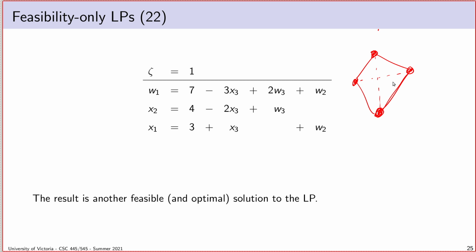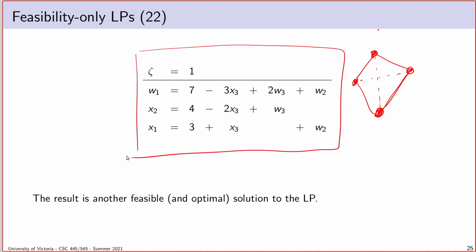So what we are looking at here, any dictionary that is feasible defines what is called a basic feasible solution to the LP, which is unfortunately, for me, somebody with a graph theory background, often abbreviated BFS. So I don't like that at all. BFS means something else to me.